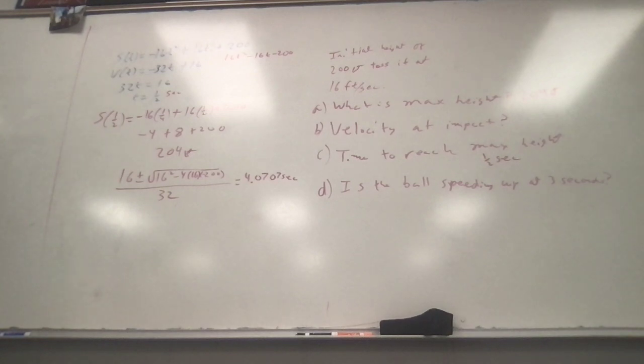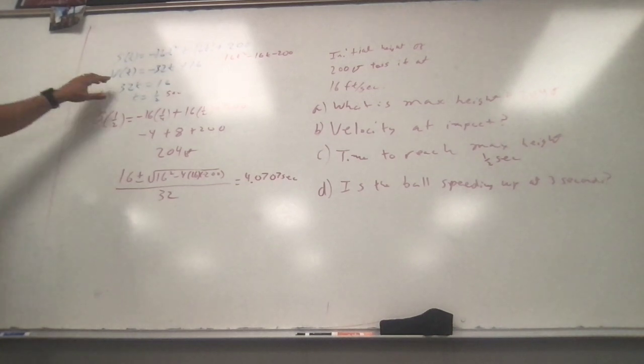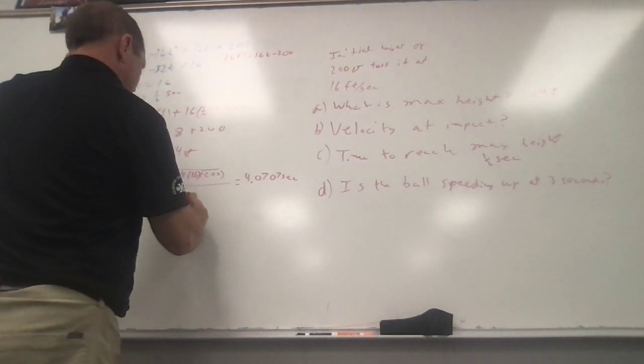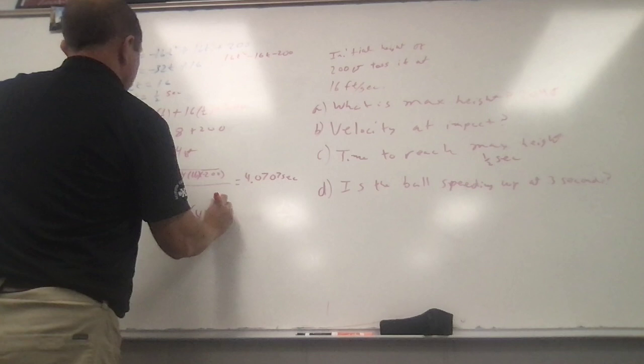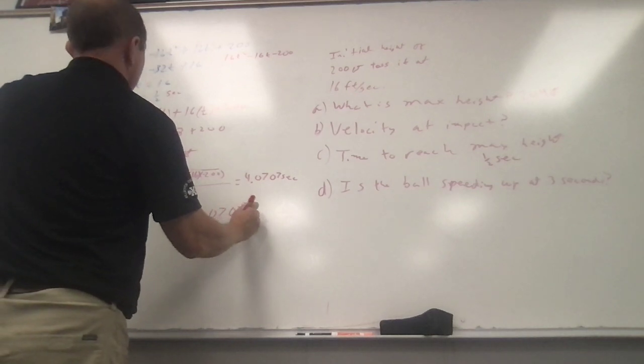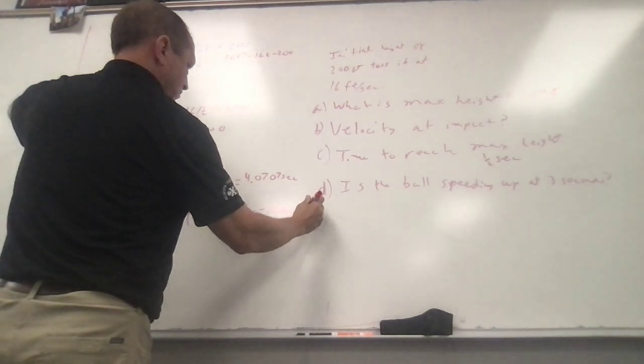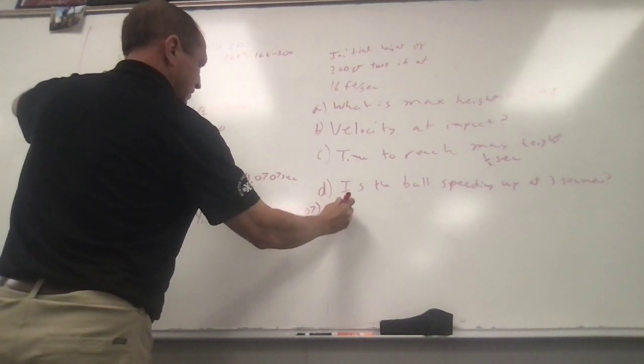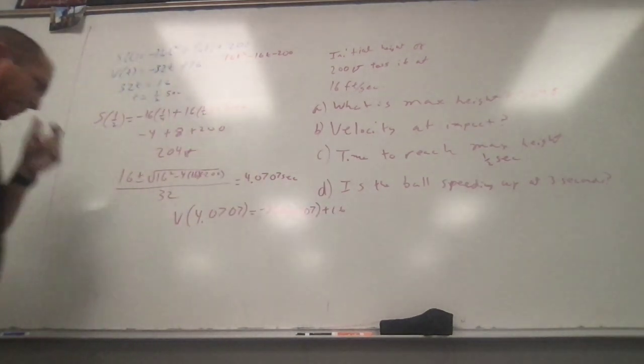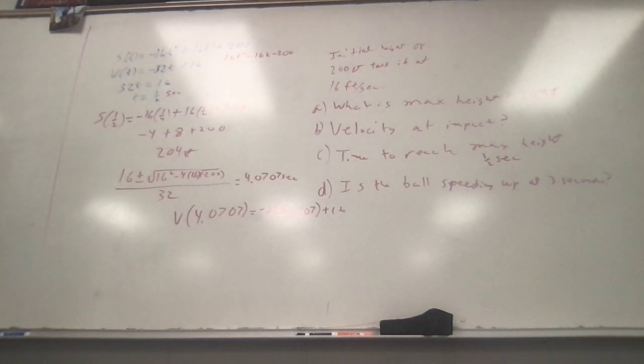So we want to know the velocity at that time, right? So V of 4.0707 is negative 32 times 4.0707 plus 16. What do we come up with? This is the answer here.